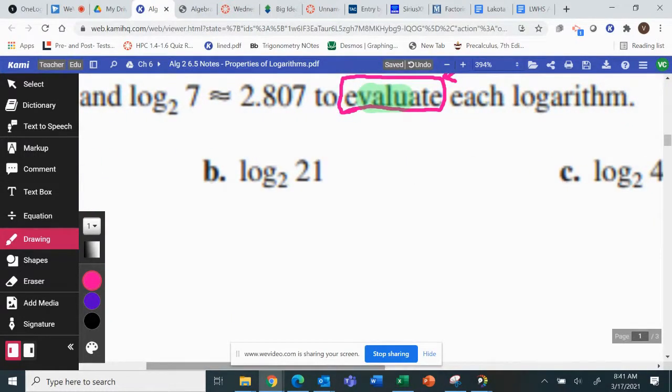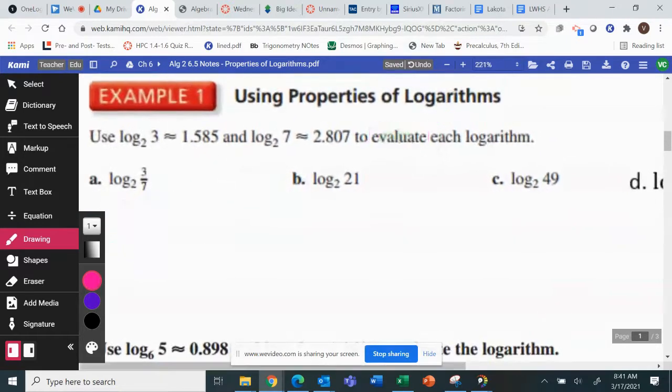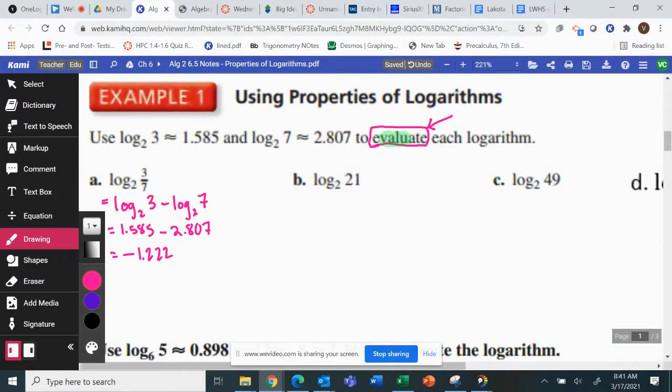Okay, the next one is log base 2 of 21. Now, we have to use what's in our directions. We have to use either log base 2 of 3 or log base 2 of 7, or we could use both, to find log base 2 of 21. Does anybody see how 21 has to do with either 3 or 7 or both?